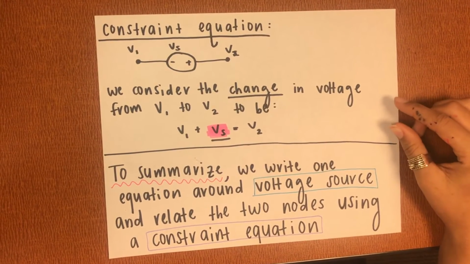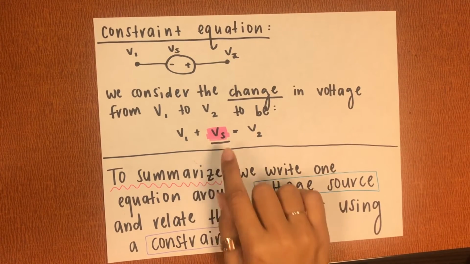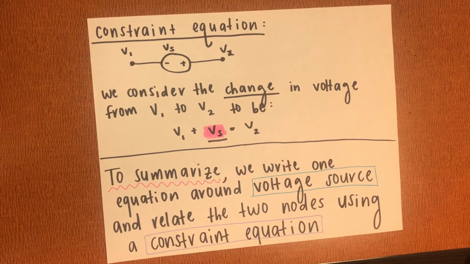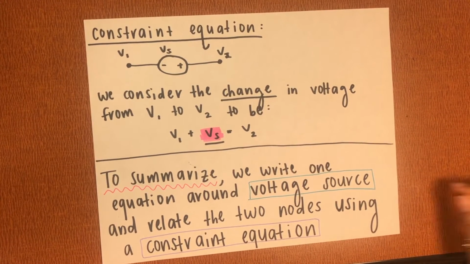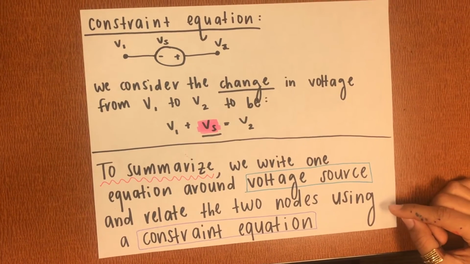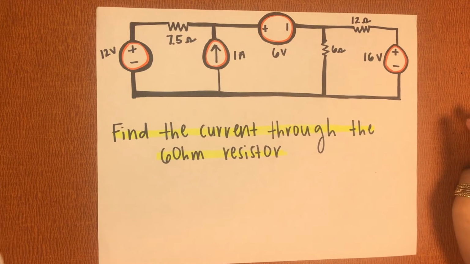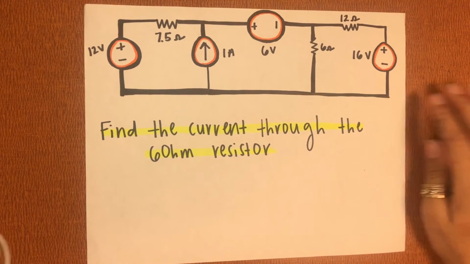In other words, we consider the change in voltage from V1 to V2 to be V1 plus Vs equals V2. All in all, to summarize, we write one equation around the voltage source and relate the two nodes using a constraint equation. Now that we better understand KCL and node voltage method, it's pretty simple to solve this question.